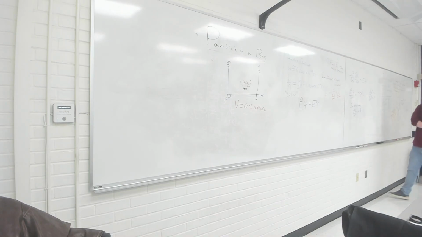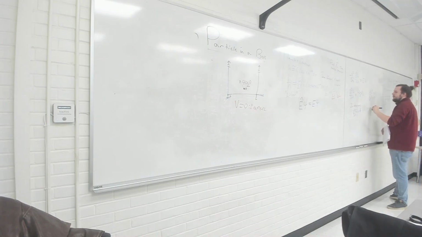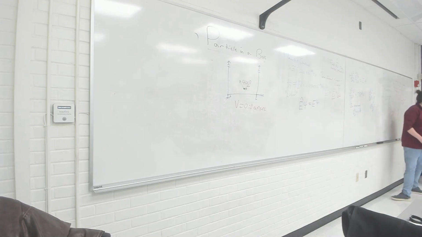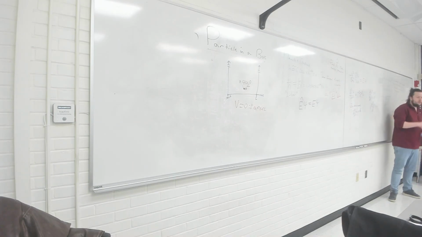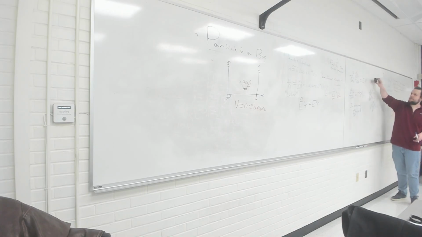But what's the problem with e to the x? Well, if we take the wave function squared and then integrate from negative infinity to infinity, it's infinity. So that's no good. It doesn't satisfy the normalization properties that we want. This integral has to equal a number, it has to converge. So it can't be that.